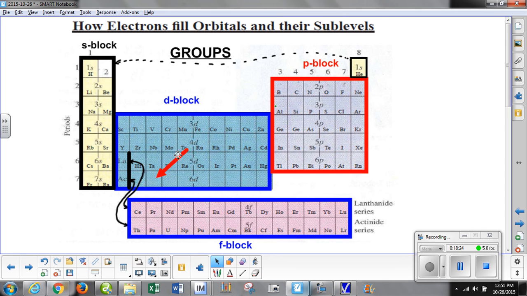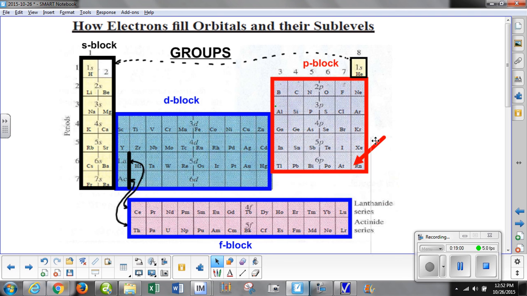Everything to the left fills first, including the guys down here, because now what row do we know these guys are on? What row are they on? 6. Yeah, 6. This top row on the F block is actually in row 6 of the periodic chart. They took it out so that everybody in this column and this column and this column would have similar properties.